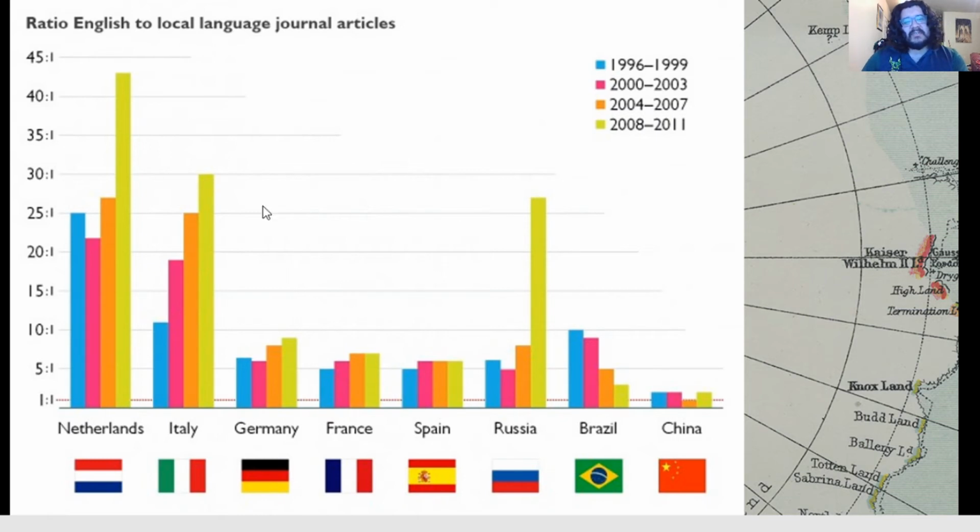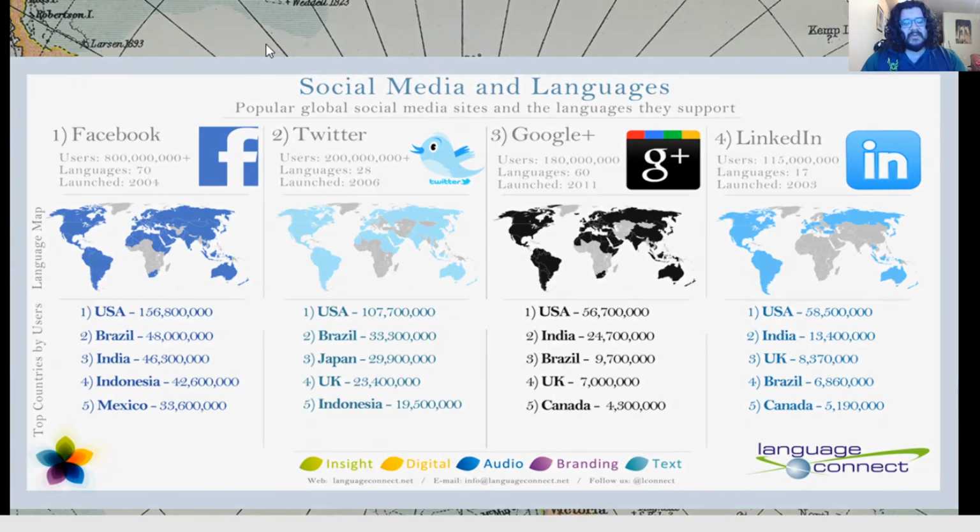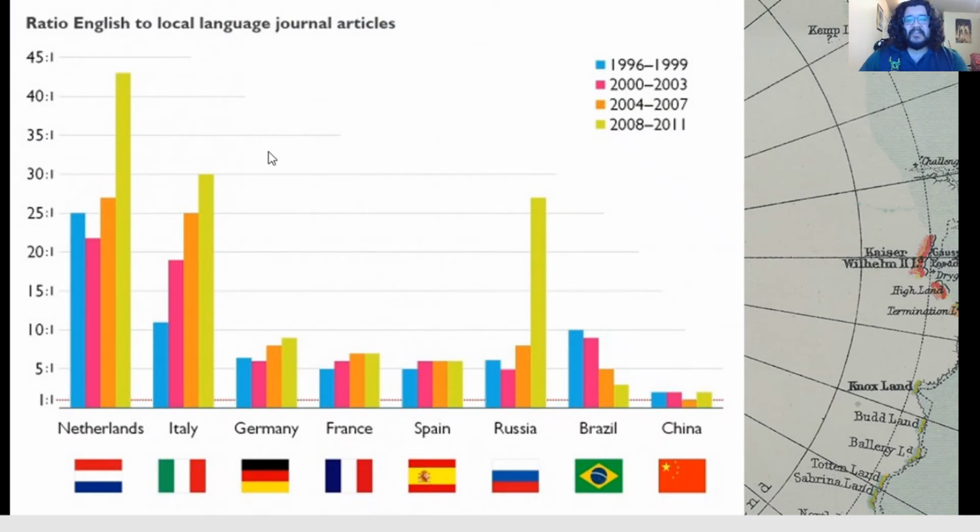So we see the importance of English in science in particular, because the majority of countries, especially in Europe, that are contributing to scientific research are publishing journals in English. That helps English become a lingua franca, because you need to know English since the majority of research is going to be published in English.